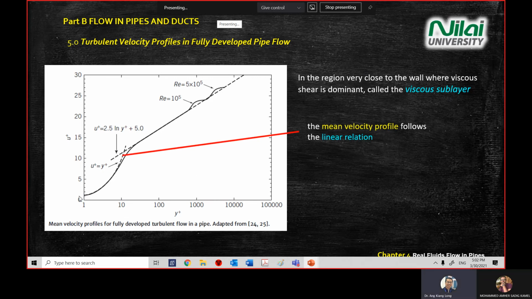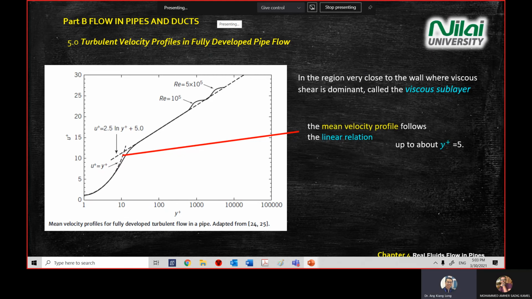And then you see there's a U plus Y plus in the chart. If you have a region where you can plot U plus equal to Y plus, like Y equal to X, where you have a straight line here, it means that you have a mean velocity profile over here.